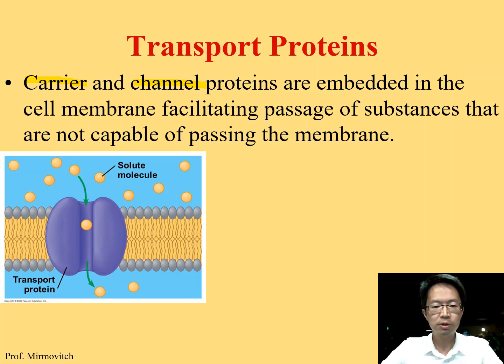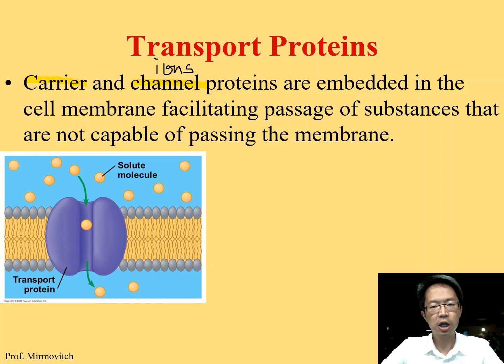Usually channel proteins transport charged ions across the membrane. For example, sodium ion, potassium ion, these are the ions that require channel protein.